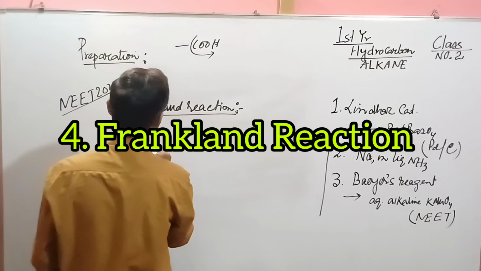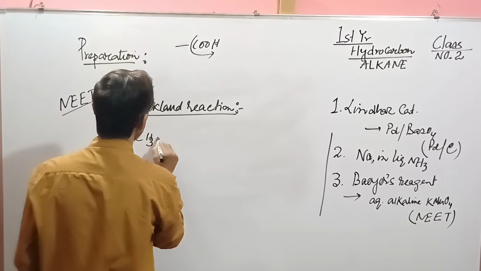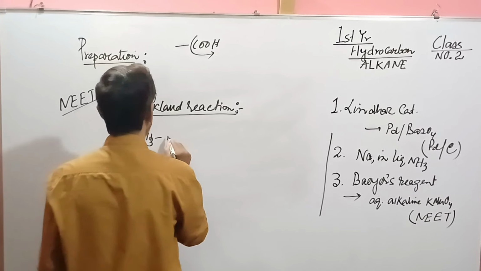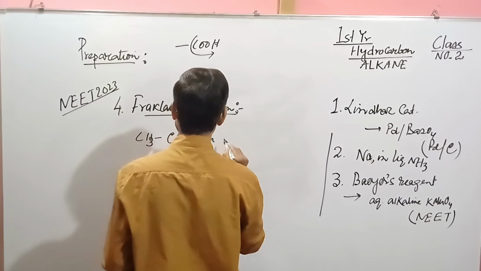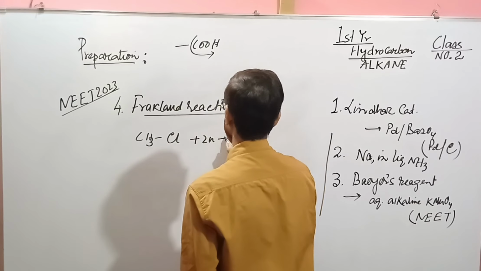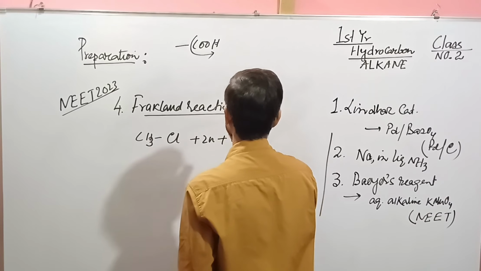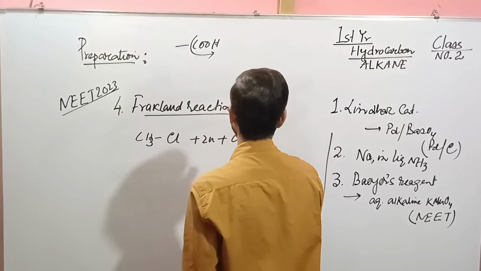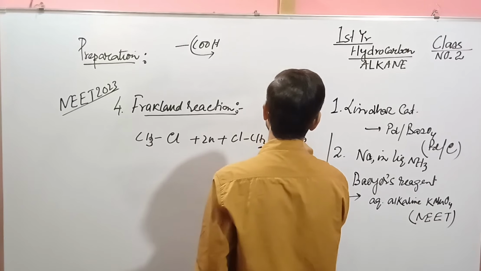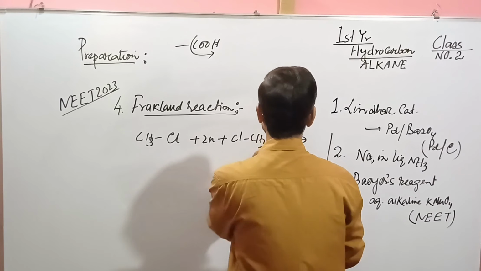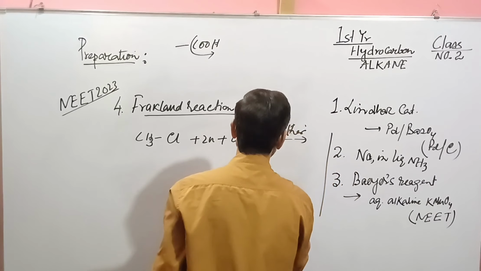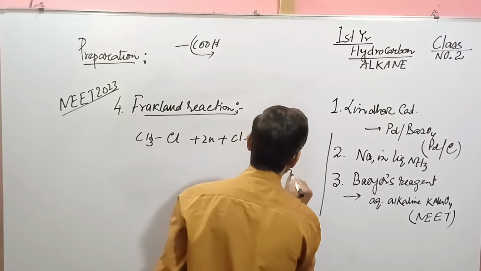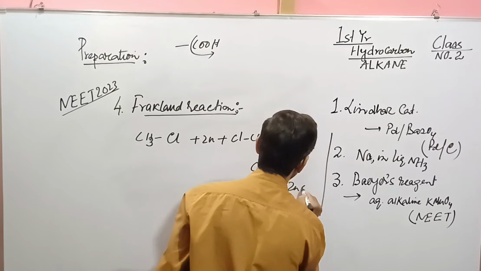That's why I am giving it. CH3Cl plus zinc, and CH3Cl, you use ether. The answer is CH3-CH3 and zinc chloride.